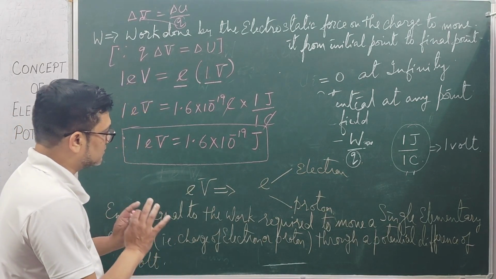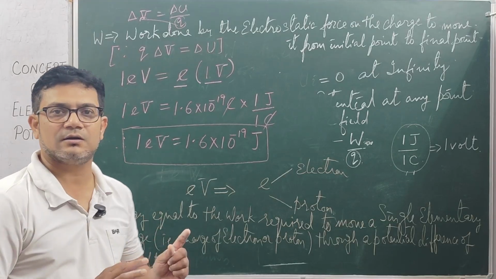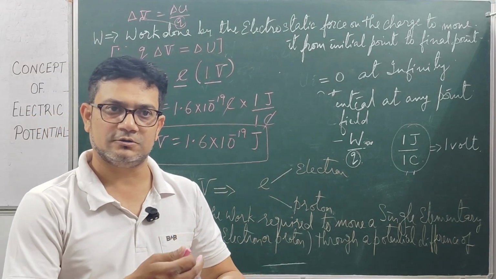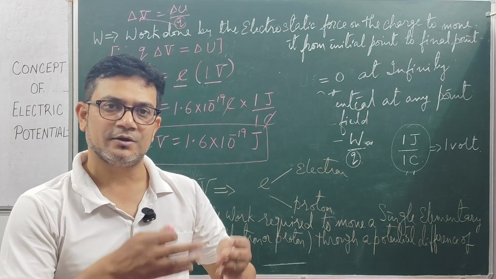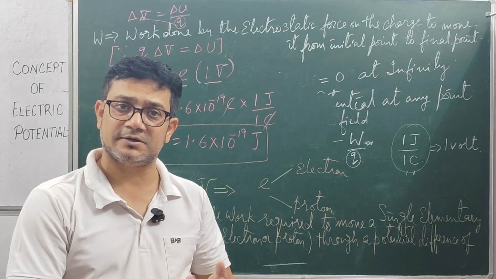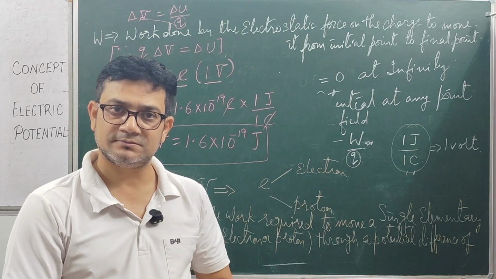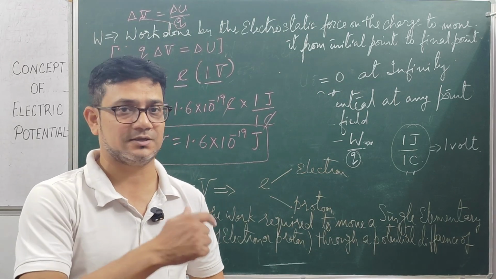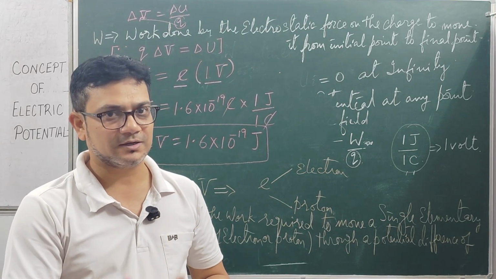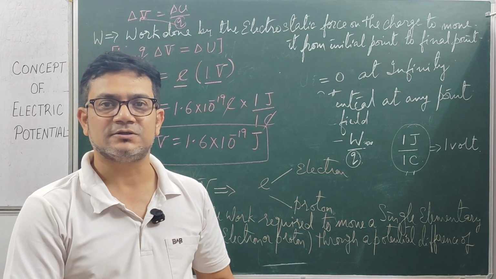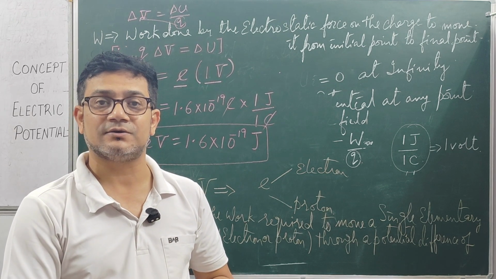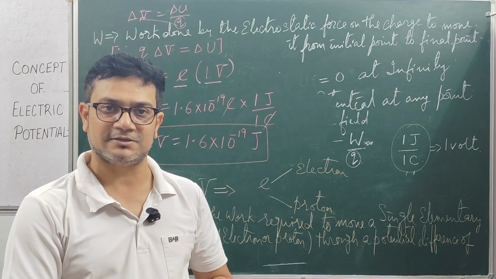So this conceptualizes the entire relation between the different quantities: the potential energy, the work done by the conservative force, which is the electrostatic force or the electric field, and the relation with the electrostatic potential.